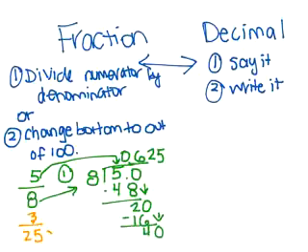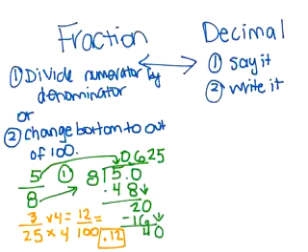So in this case, since I can change that denominator to 100, I can multiply this by 4, and I know that this is 12 out of 100. So 12 hundredths, I can easily write as a decimal. That would be 0.12. Again, you can only do that when you can change the denominator to out of 100.